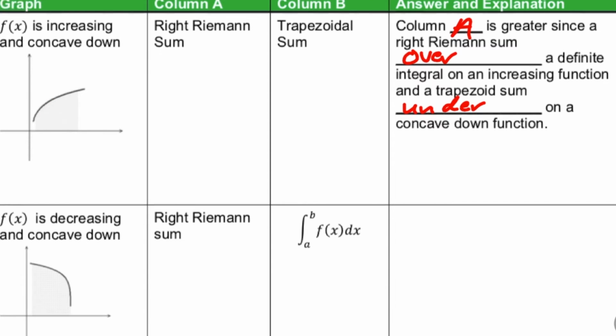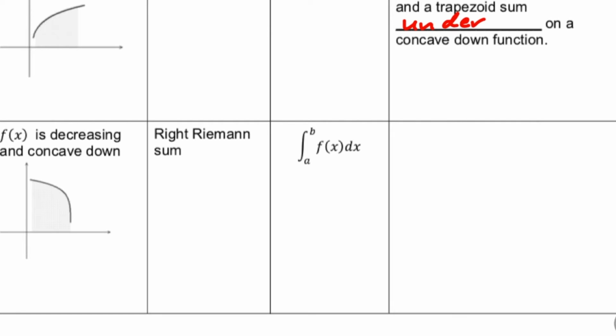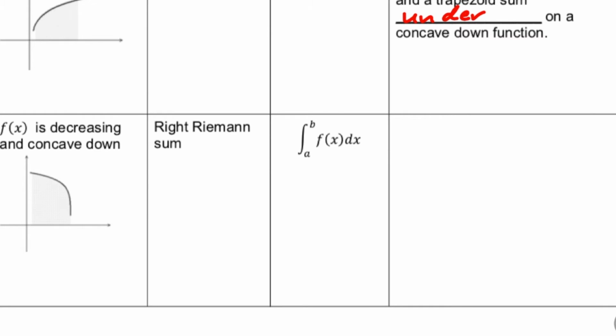So let's look at the next one here. Which of these columns is greater? If I look at a right Riemann sum, that would be something like this. We can see that a right Riemann sum here, regardless of how many rectangles we do, would be an underestimate. This is exact. That is the notation for the exact area.